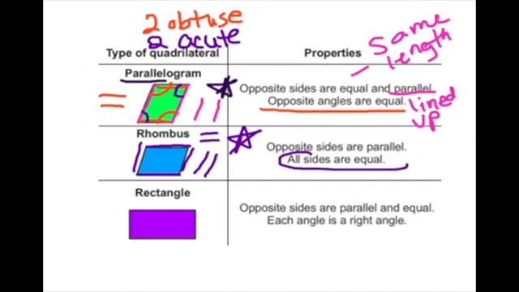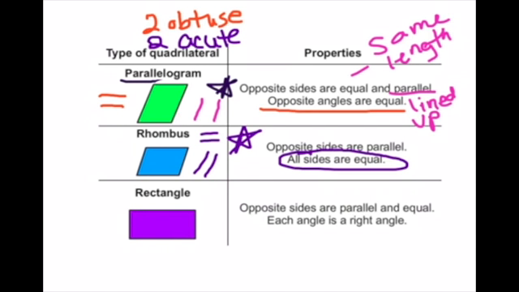But this is what makes it stand out. All the sides are equal. So that means this side is the same exact size as the bottom, as the other side, and as the top. So it kind of looks like a slanted square, doesn't it? And this kind of looks like a slanted rectangle, right?